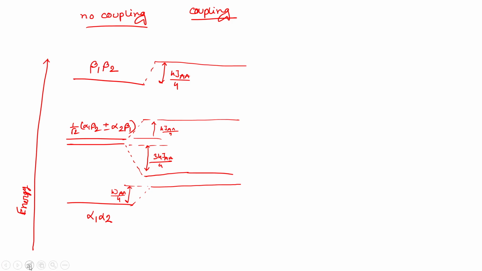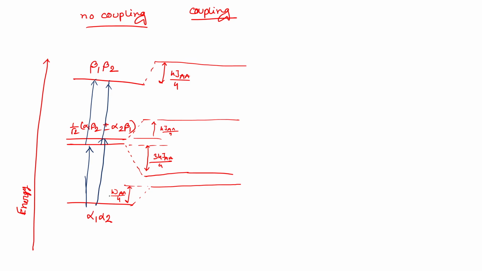Earlier your spectrum was like this, four spectral lines fall on the same place. So in this case you expect at least two different kinds of spectra, right?